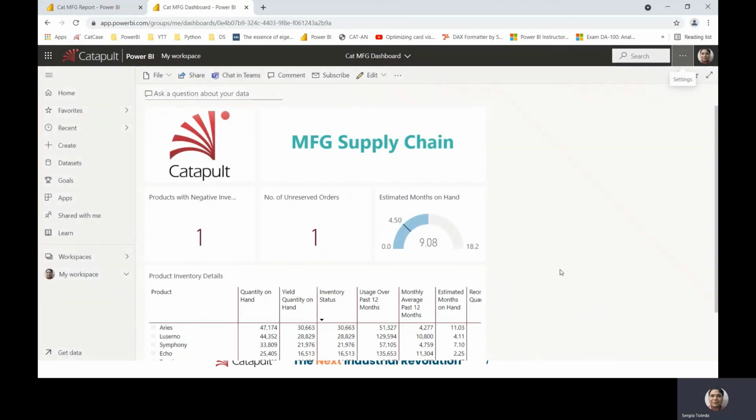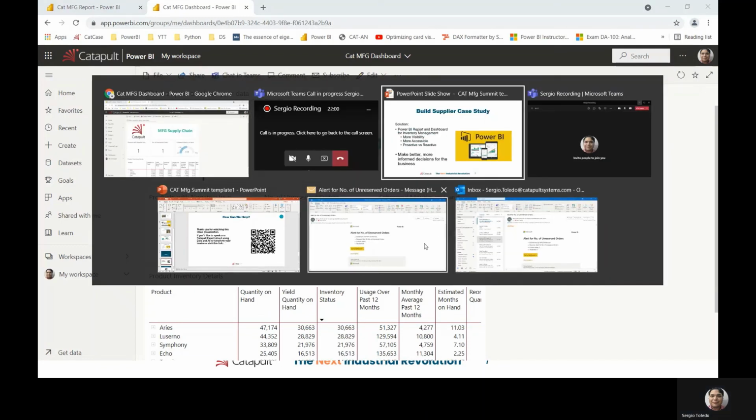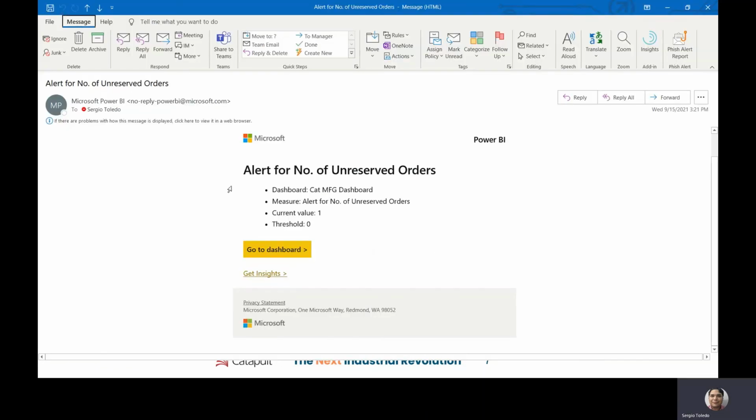And again, when you click that box for an email, it will send you an email as well. And here we have an example of the email. The alert for number of unreserved orders, dashboard tells you the name of the dashboard, measure, the measure that the alert pertains to, current value 1, threshold 0, and then a go to dashboard link.